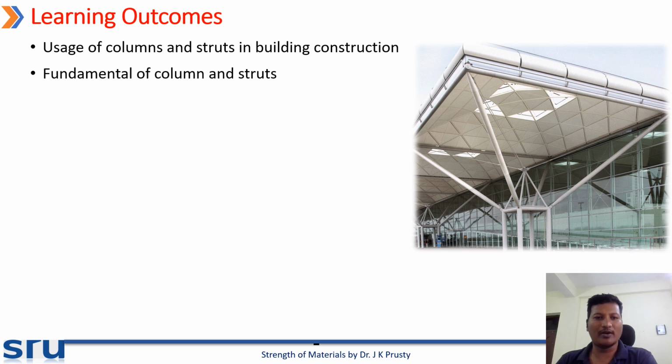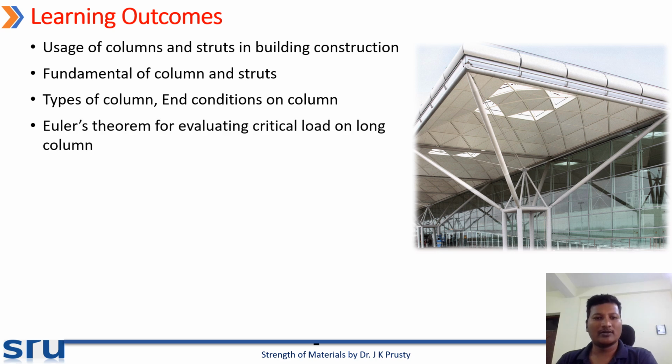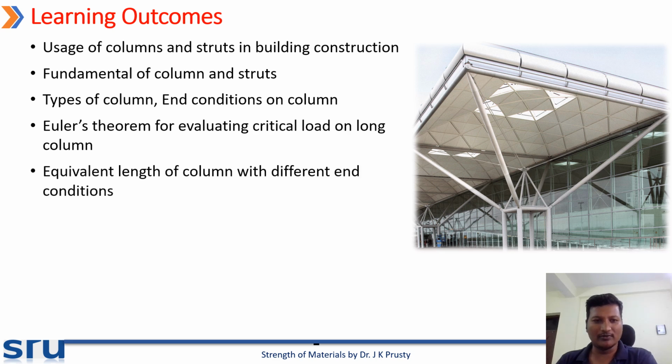You will go through the fundamentals of columns and struts, the types of columns, the end conditions, then the theorems. There are two theorems we'll discuss here. First, Euler's theorem for evaluating the critical load on long columns. We'll understand the concept of equivalent length of the column with different end conditions, and slenderness ratio.